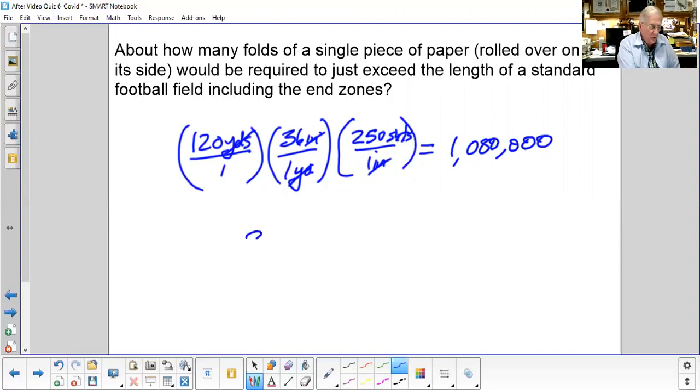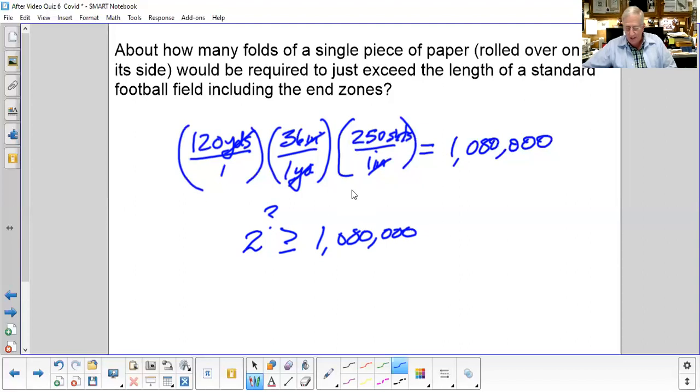So 2 to what power would be greater than or equal to 1,080,000 sheets of paper thick? All right, trial and error time again. So I'm going to take my other calculator out from over here, and I'm going to do some powers of 2. Why don't you play with it too while I'm doing it? Let's see if we can find something here.